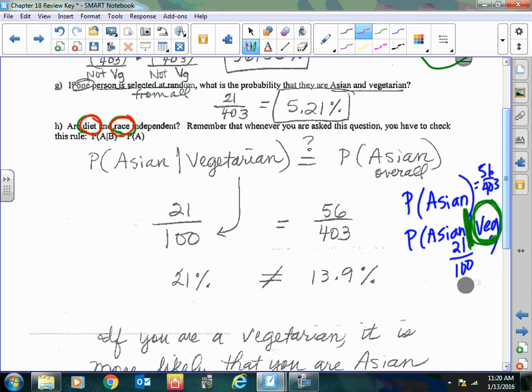But what if this one had shown independence? This is really annoying, but I'd have to go check the black vegetarians, the white vegetarians, the Hispanic vegetarians, and all of them, and see that all of them are unaffected, in order to make a claim that the whole generic diet and race are not being affected.